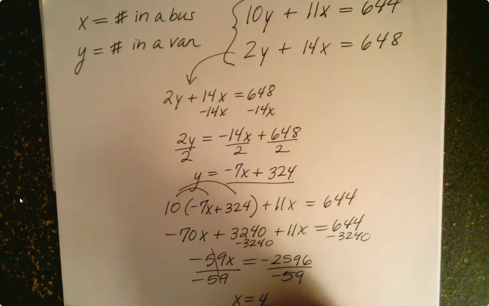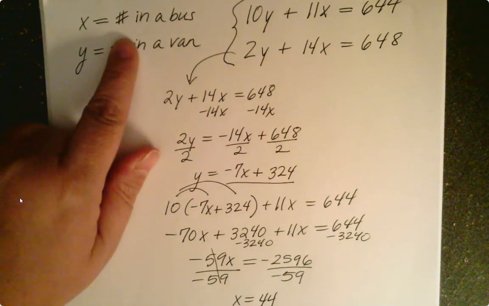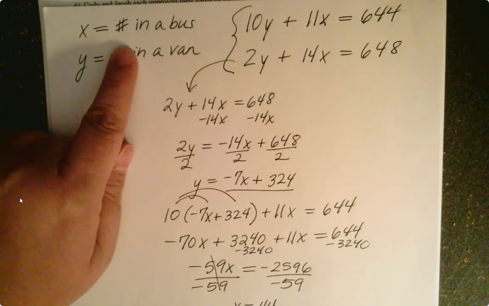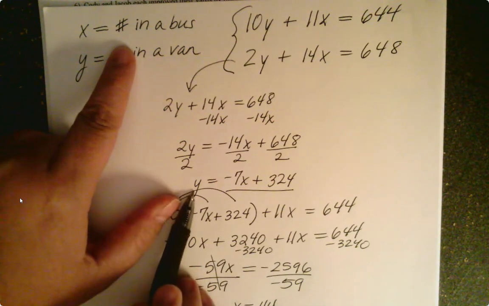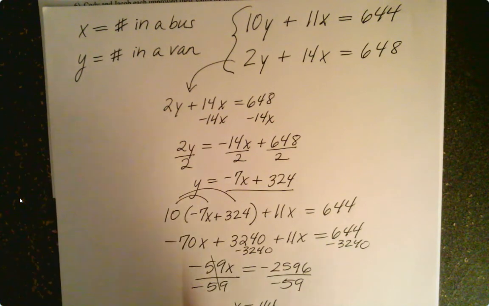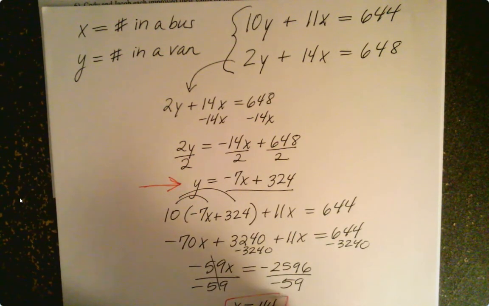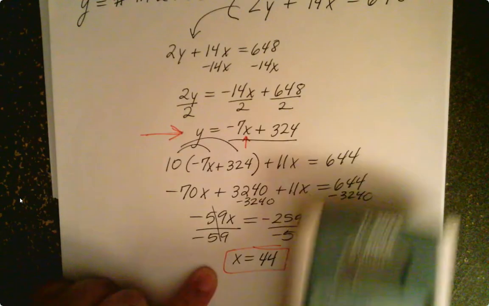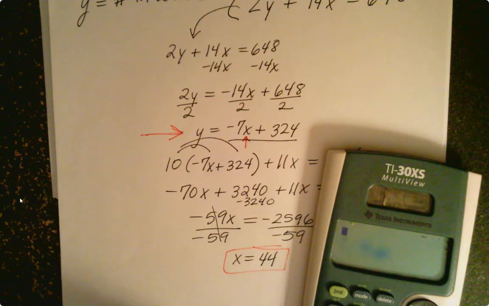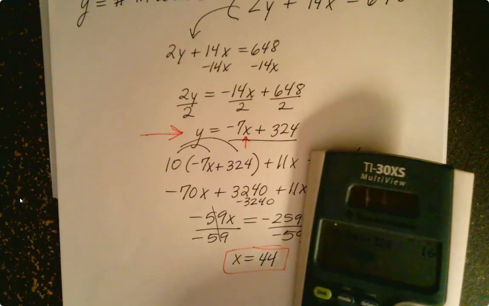So that tells me that there are 44 students that fit in a bus. Okay? And since I already solved for y up here, this is the easiest place to go back and find y. Take this 44 and plug it in right there. Sorry, you can't see it. So negative 7 times 44 plus 324. And we get, what is that, 164? Can't see the edge of it.